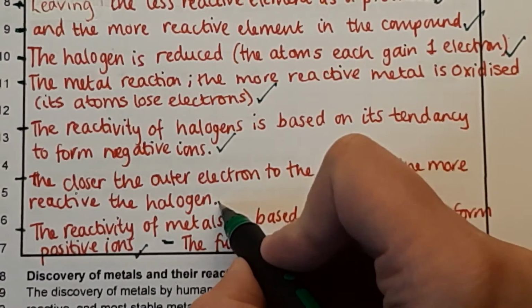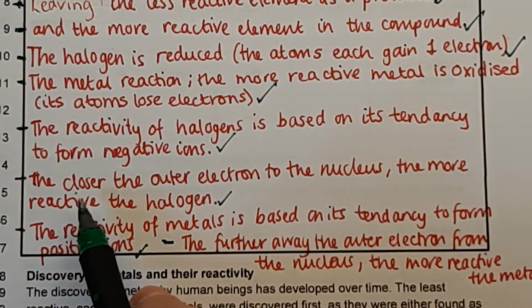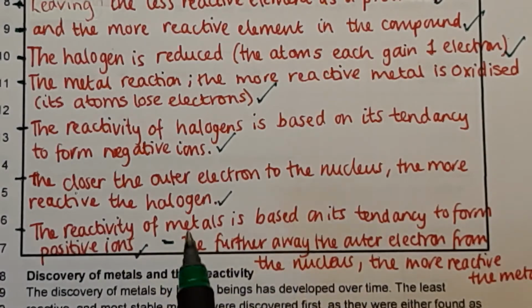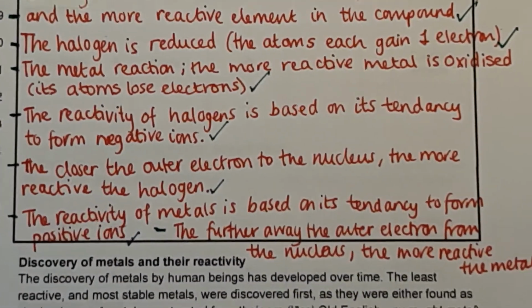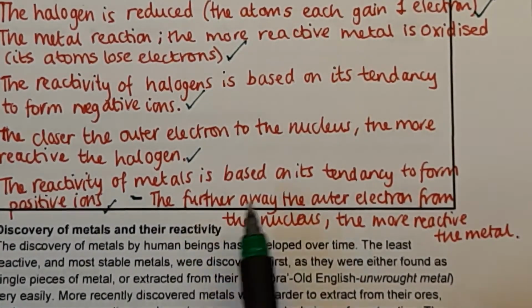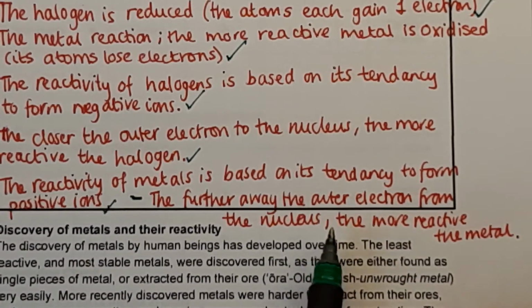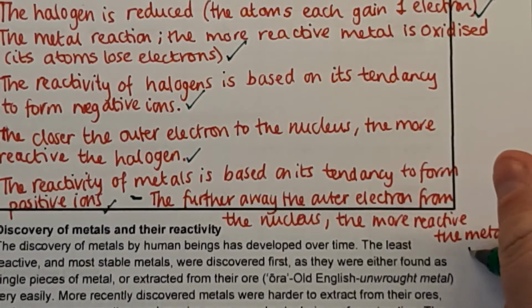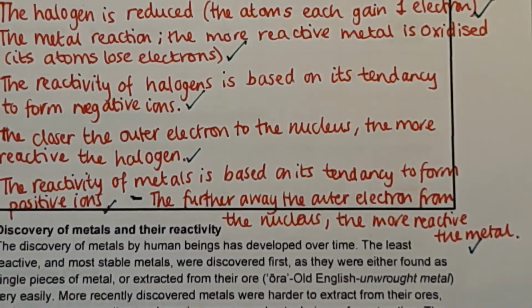Whereas for metals, the opposite is true. The further away the outer electron from the nucleus, the more reactive the metal. Okay, so there's a lot of points there. There's like 9 different marks you can get there. It's a maximum of 6, okay?